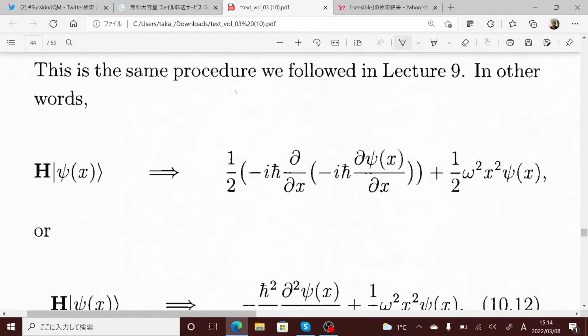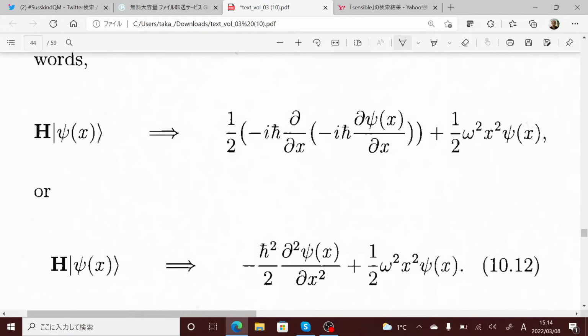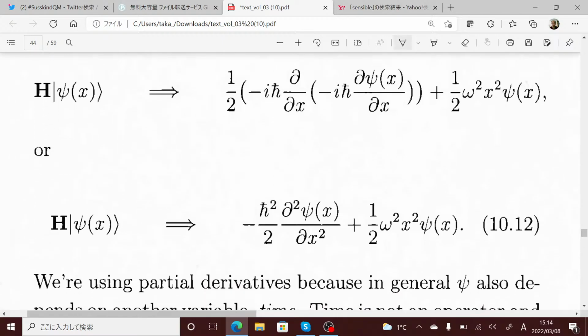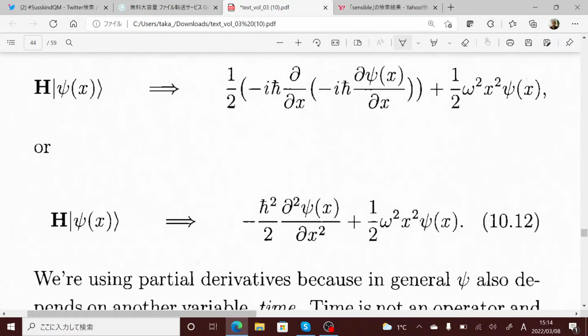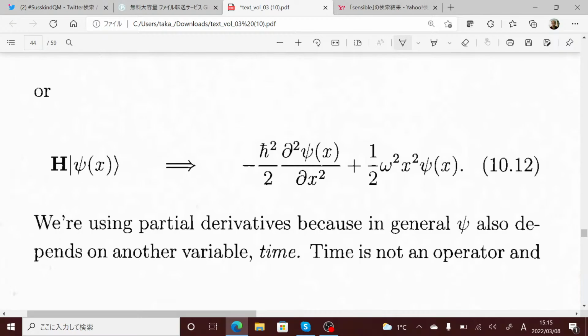In other words, H acting on psi of x is 1/2 times minus i h bar partial x, minus i h bar partial psi partial x, plus 1/2 omega squared x squared psi, or H acting on psi goes like minus h bar squared divided by 2 partial squared psi partial x squared plus 1/2 omega squared x squared psi.